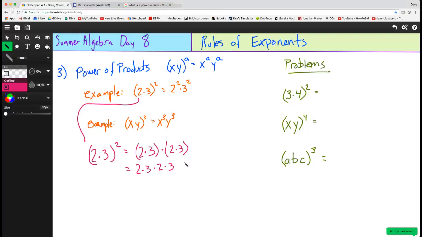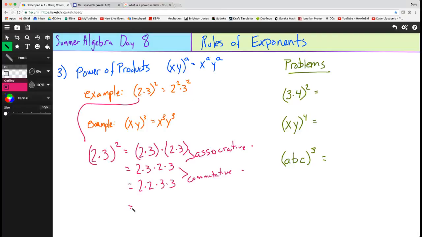Now I can rearrange using my commutative property, 2 times 2 times 3 times 3. So that's commutative. This is associative. Really, I can just reassociate how I multiply. Associative of multiplication, commutative of multiplication. I can move things around. I can drop parentheses as long as it's all multiplied.